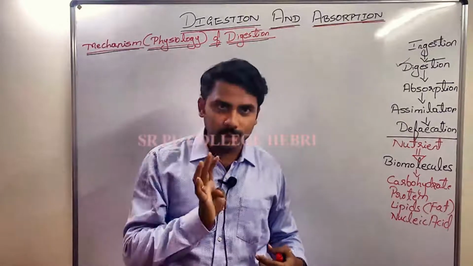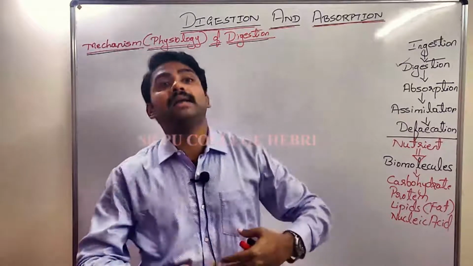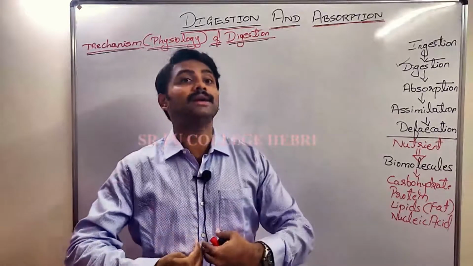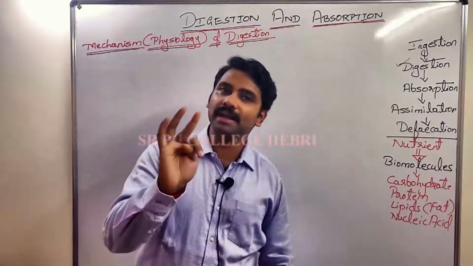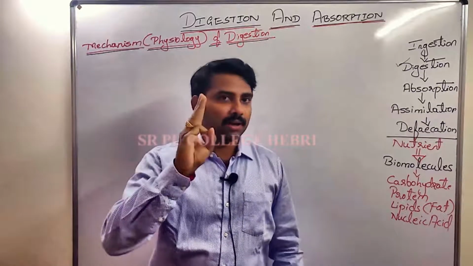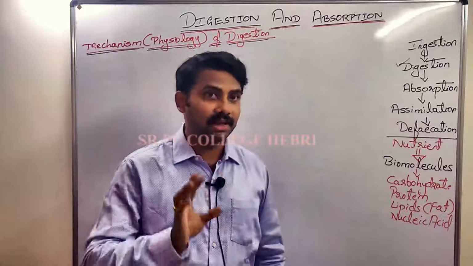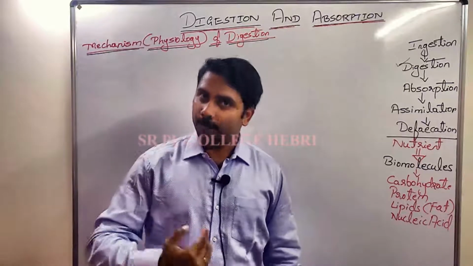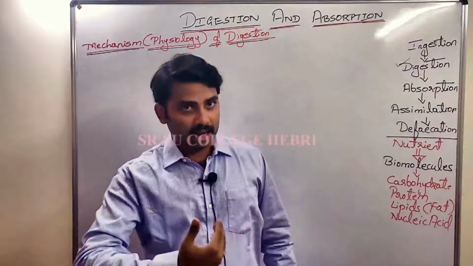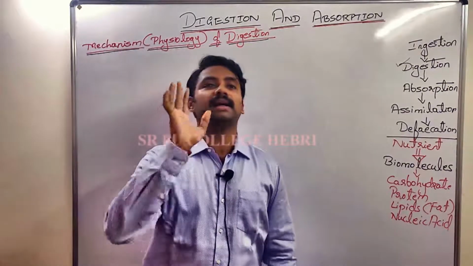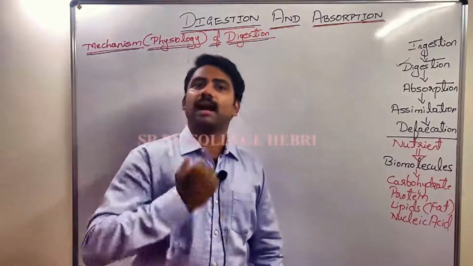Number two, pancreatic juice, produced by the pancreas but released to my small intestine. Another one is intestinal juice. So what are the three digestive juices acting in our small intestine? I repeat, number one, bile juice, pancreatic juice, and another one, intestinal juice. Clear? We will start one by one.